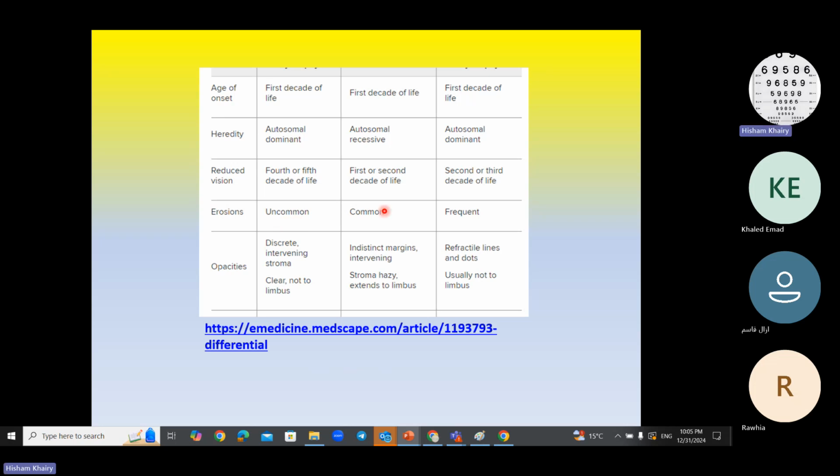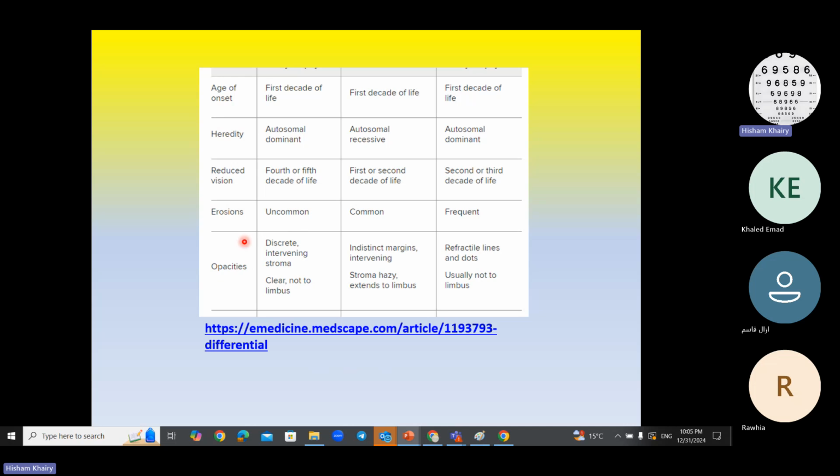This table is like a mindset to diagnose the dystrophy. When you see a corneal dystrophy, especially stromal, you think of age of onset, how old, are family members affected, is there reduced vision, is there a history of erosions, common, uncommon, frequent.